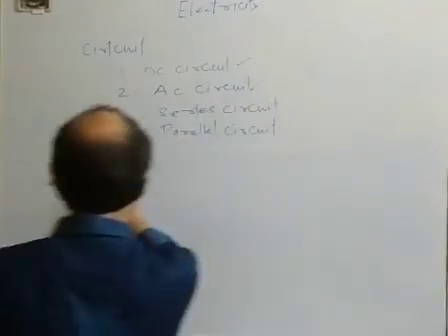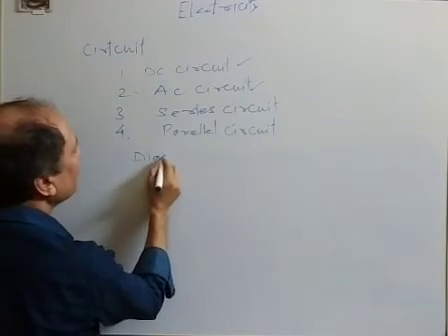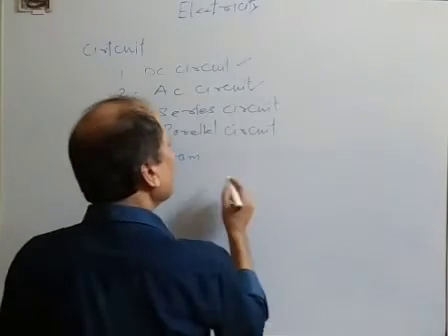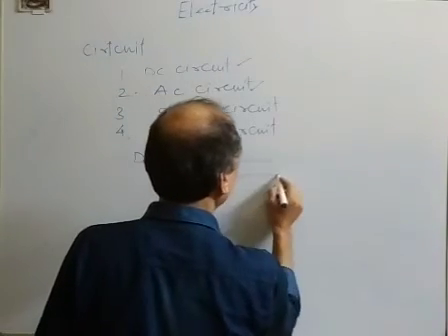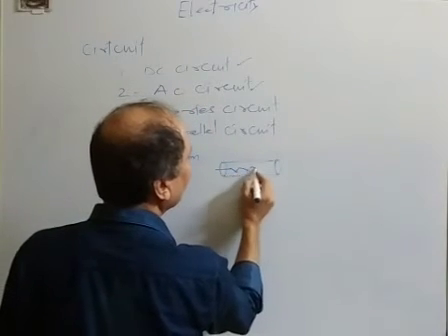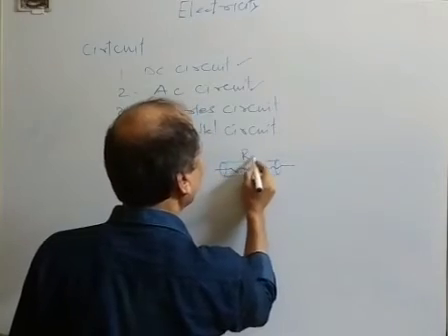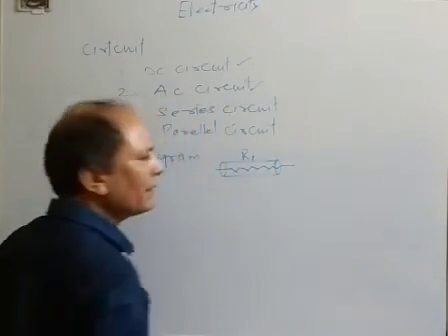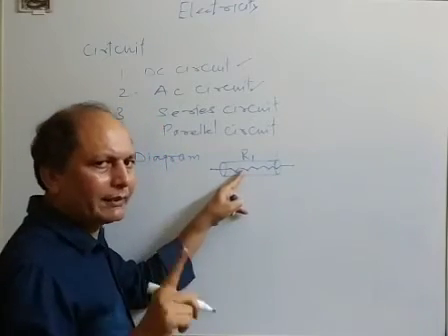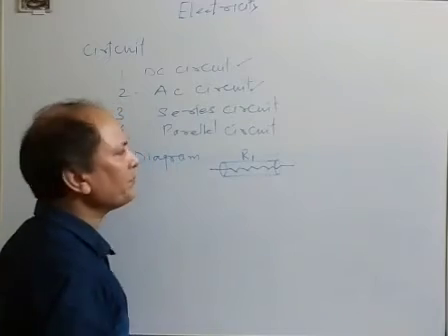In the diagram, suppose here is a resistor having resistance R1, because previously I told you that a zigzag line is the representation of a resistor.